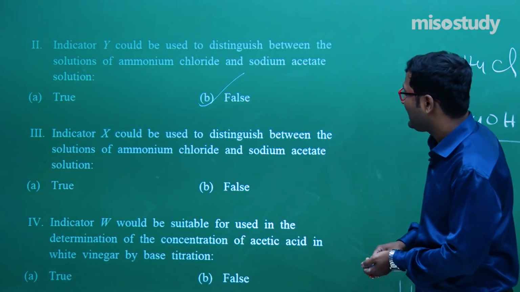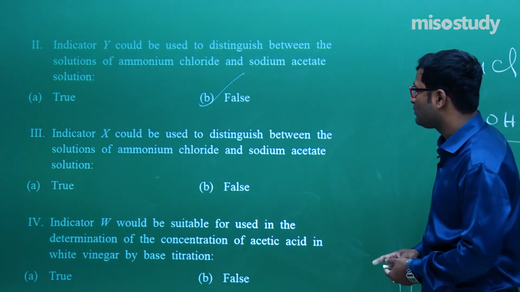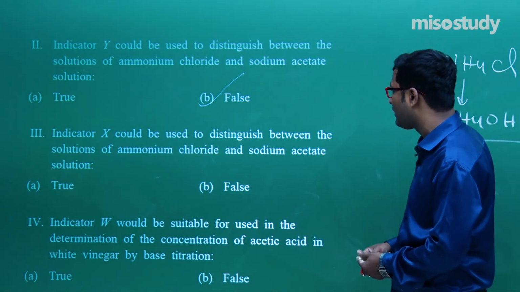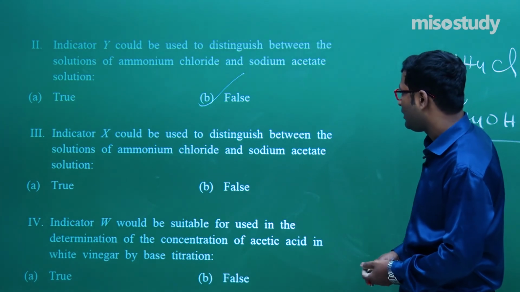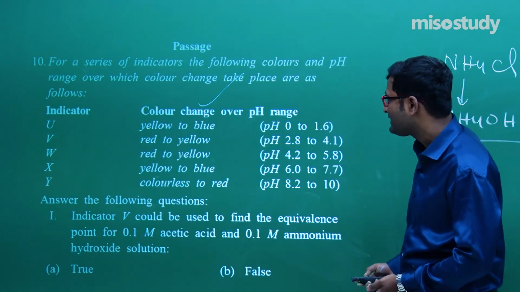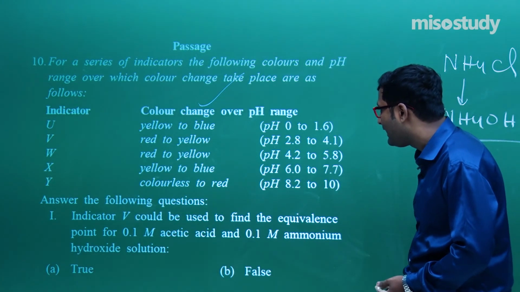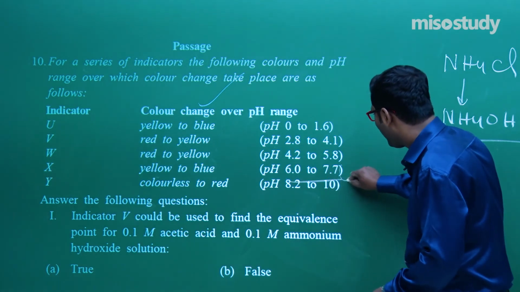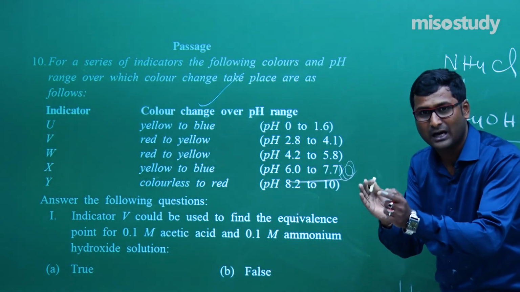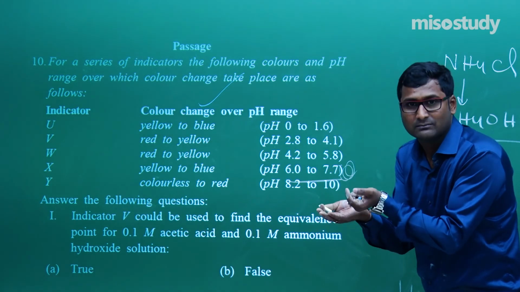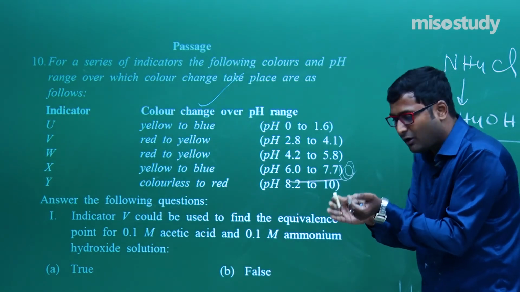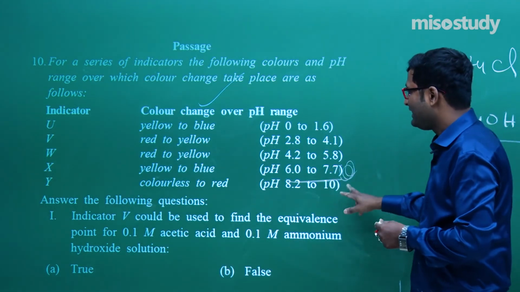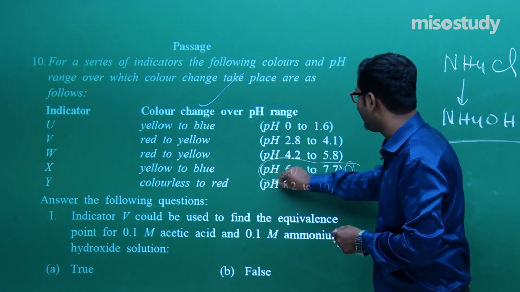Now indicator X could be used to distinguish between the solutions of ammonium chloride and ammonium acetate. Look at what indicator X is. Indicator X has a pH range slightly around 7, slightly less than 7 or slightly more, between this range. Yes, this X has pH range 6 to 7.